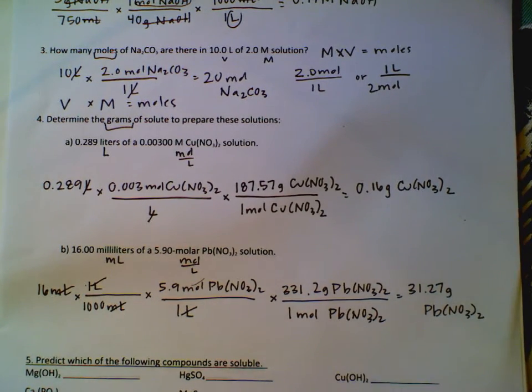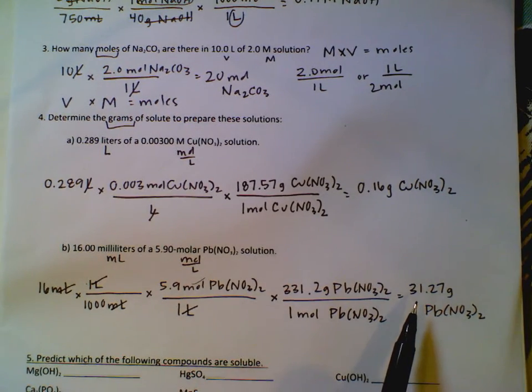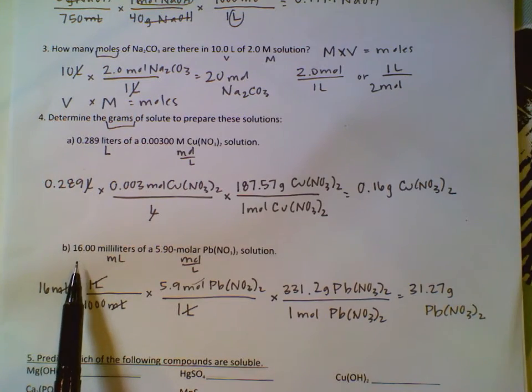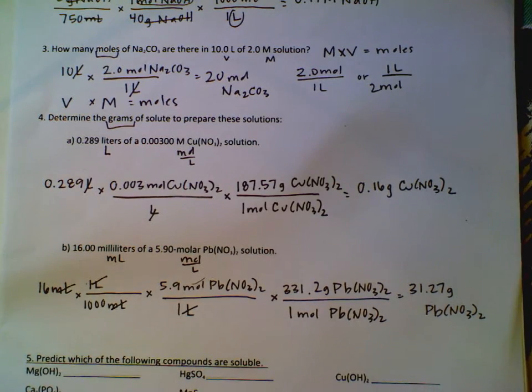Okay, so if I wanted to make that particular solution, I'm going to have to get 31 grams of that. That's a lot of stuff. You say, I only want 16 milliliters of it. However, it's got a high concentration for its molarity, and it has a big molar mass. So it hopefully makes sense to you that you're going to need a little bit more grams-wise of that.